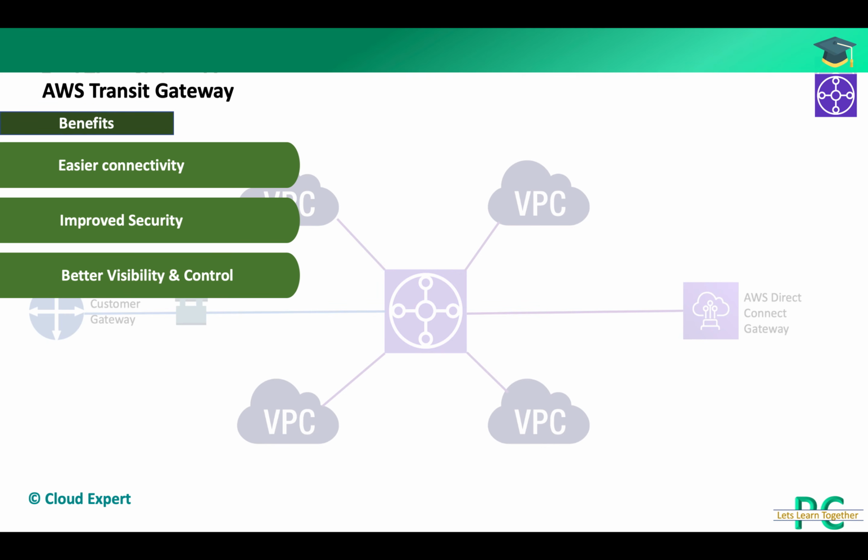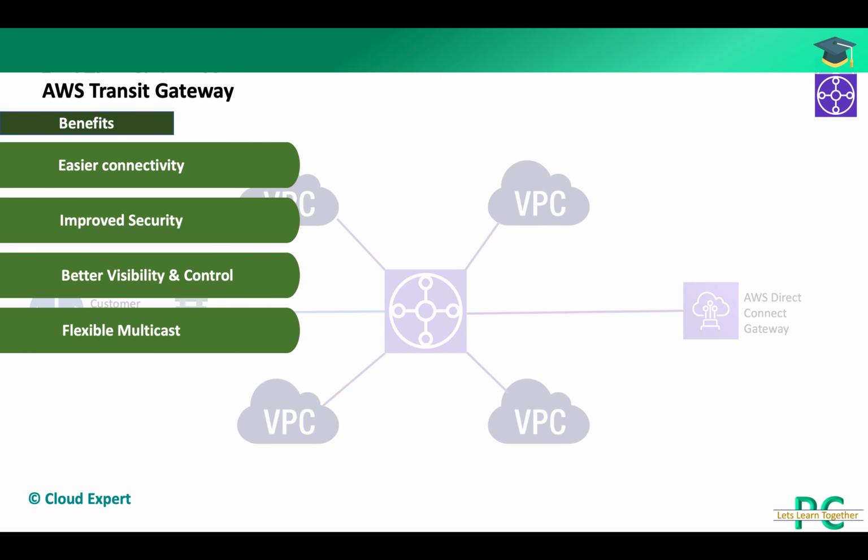Third is better visibility and control. With Transit Gateway Network Manager, you can easily monitor your VPCs and each connection from a central console. And fourth, flexible multicast. Transit Gateway supports multicasting.